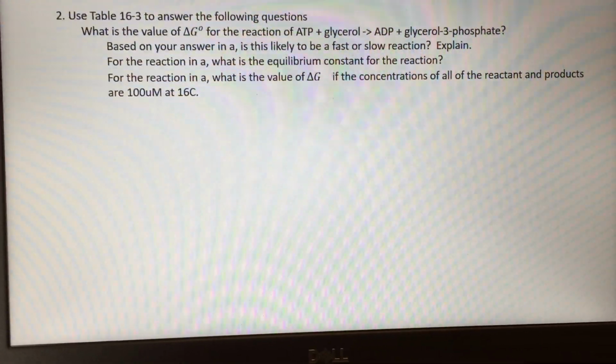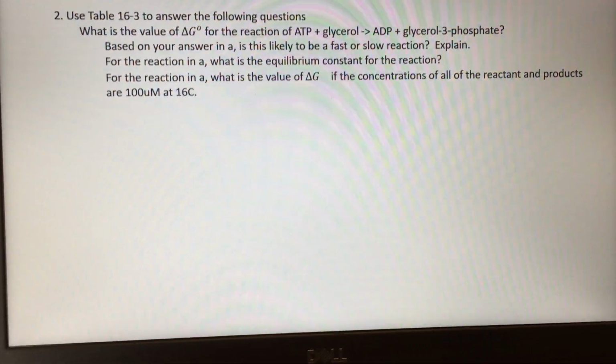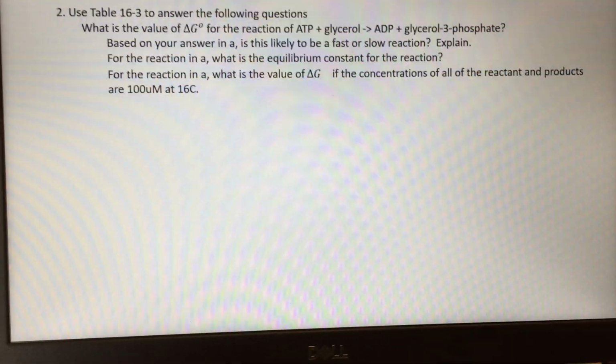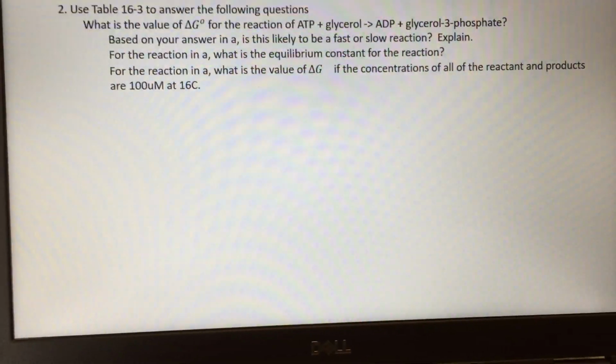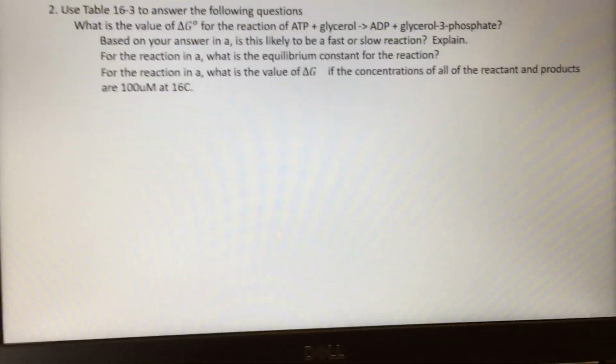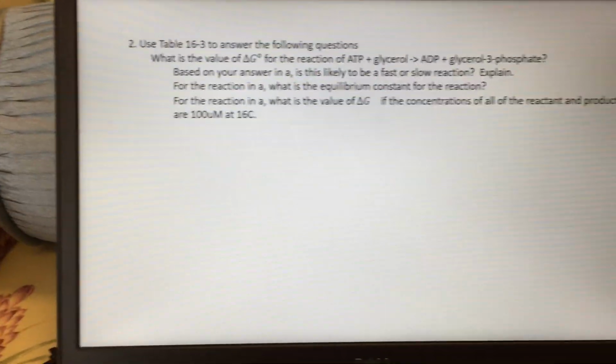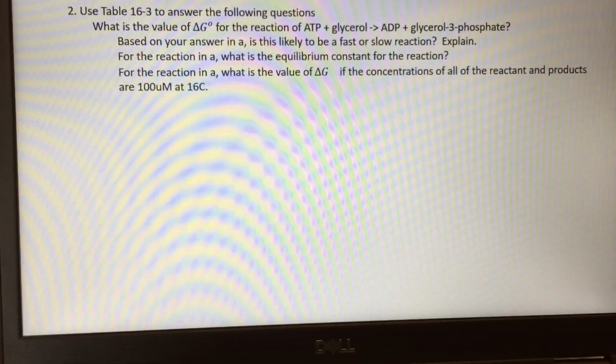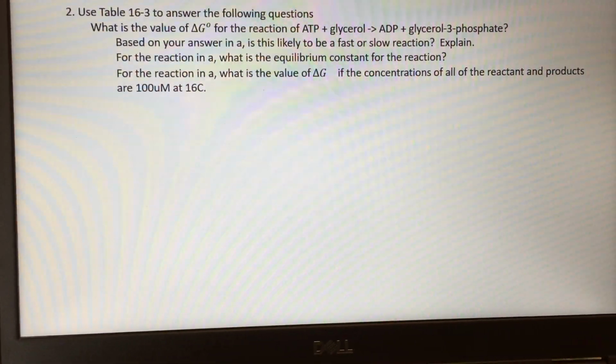The speed of the reaction is unaffected by whether the reaction is going forward or reverse, or how much energy is being released or gained by that reaction in the net form. What does affect the speed is the height of the hill, the activation energy that we have to cross to get from reactants to products.